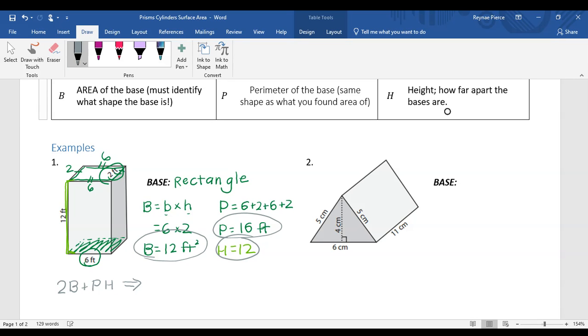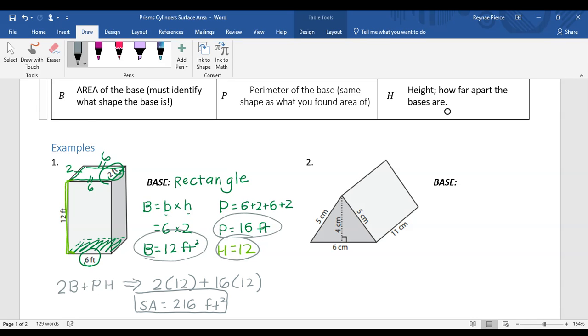Okay, so 2 times the area of the base that I found plus the perimeter of the base times the height. Okay. When we do that, we find that the surface area of this rectangular prism is 216 square feet.